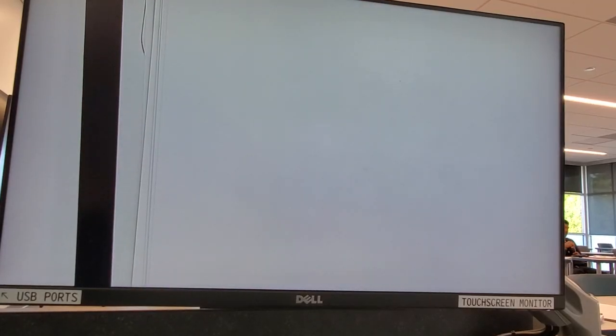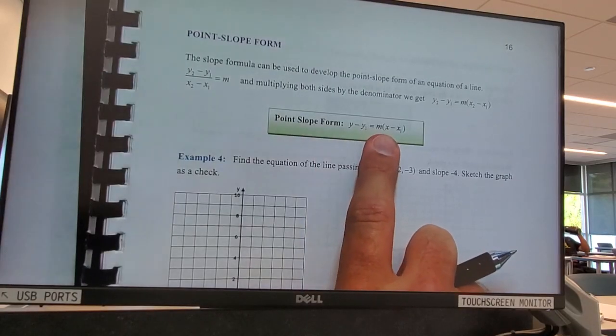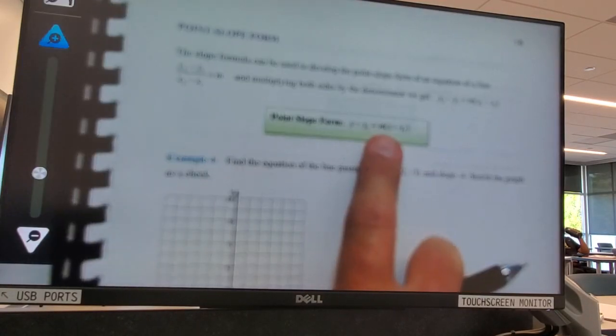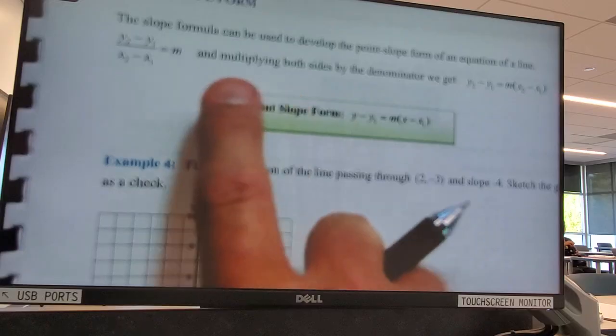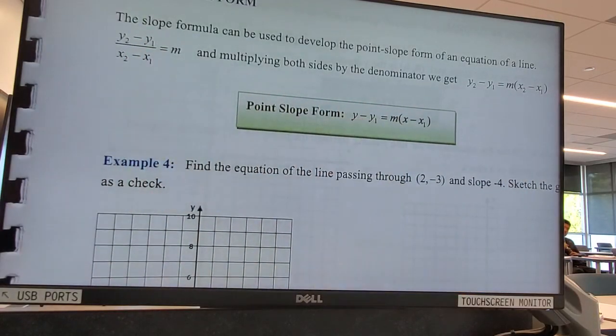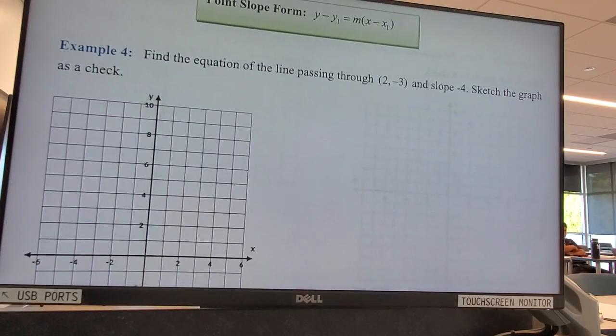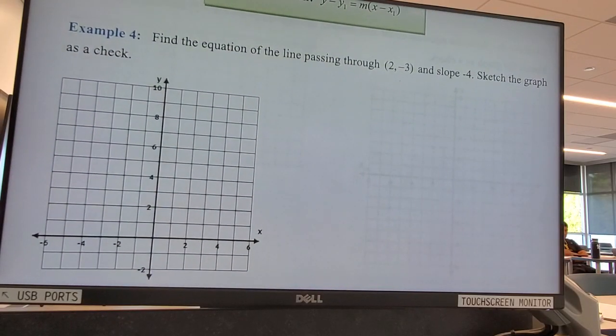Okay. So here is the point slope form written by a calculator, so a computer, so maybe you can read it. They give a quick rundown as to where it comes from, sort of. So let me do this problem a little differently.